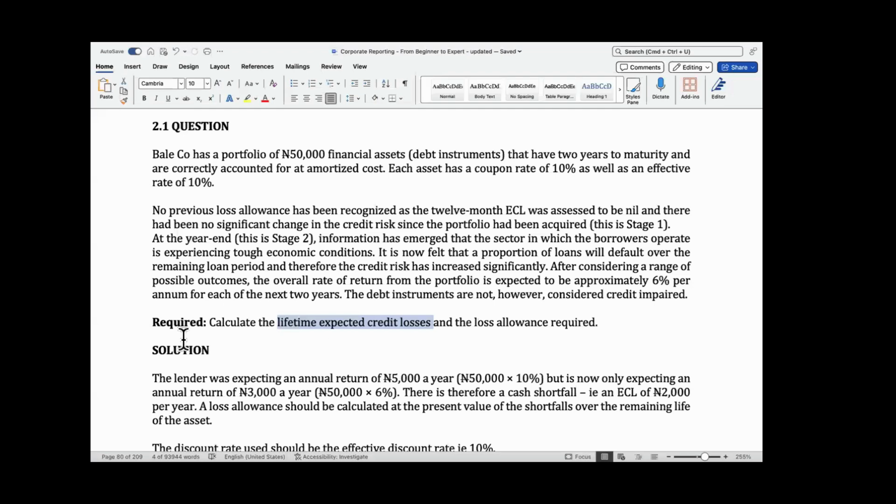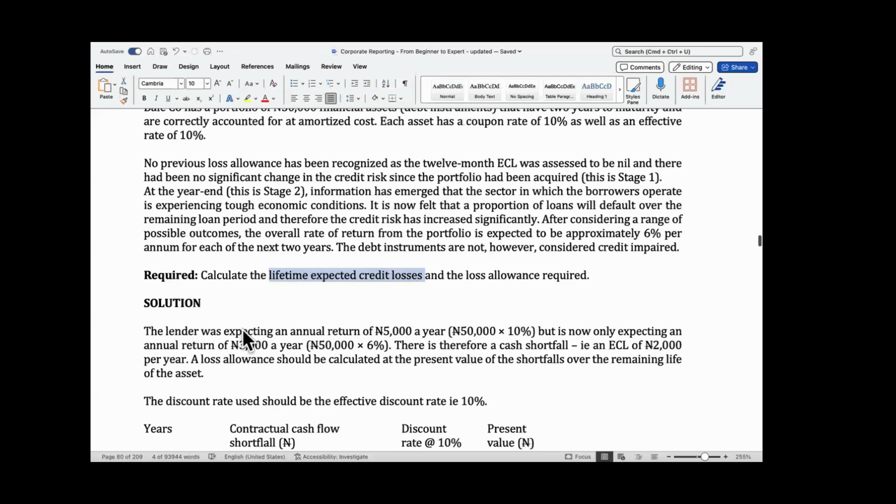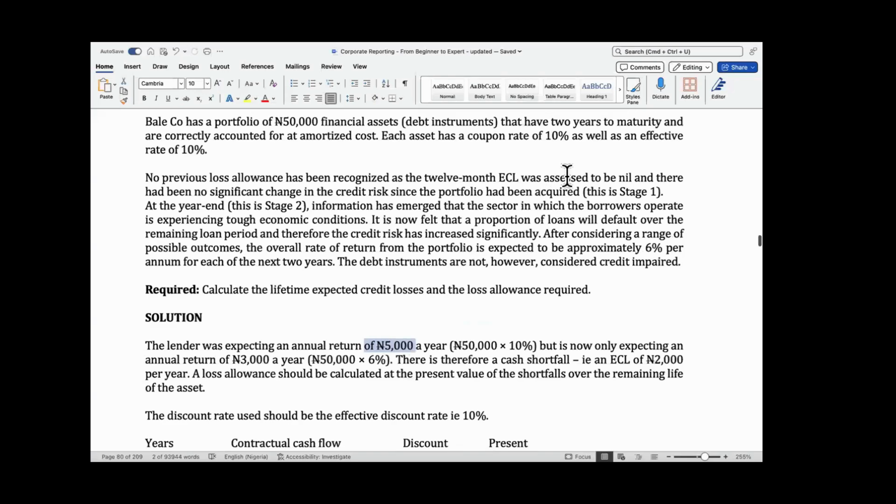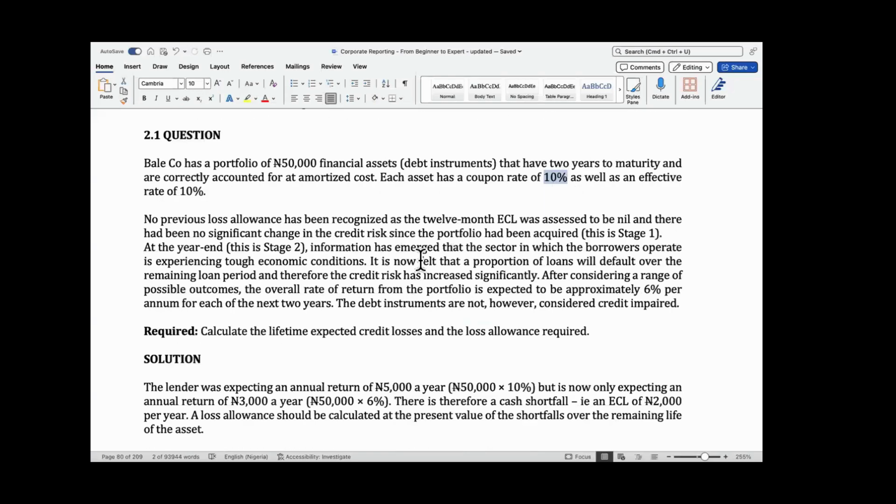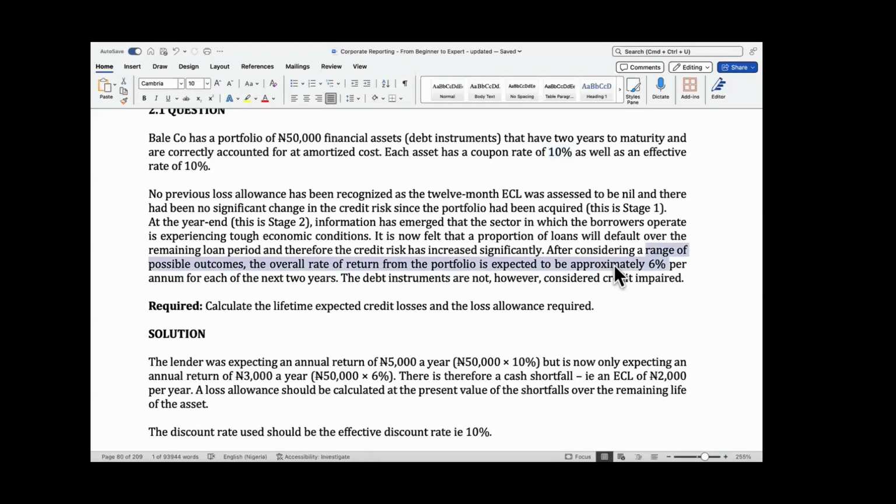What we were expecting before per annum is 5,000, which is 10%. That's the contractual cash flow. That's what we're supposed to get. But now we are only expecting 3,000, which is 6%, right? So 6% times 50,000. So there's a cash shortfall of 2,000 per annum. We just need to get the present value of that. That gives me my lifetime ECL.